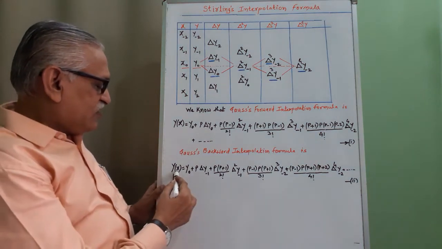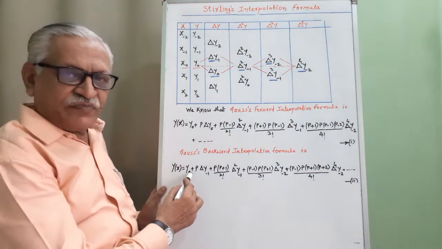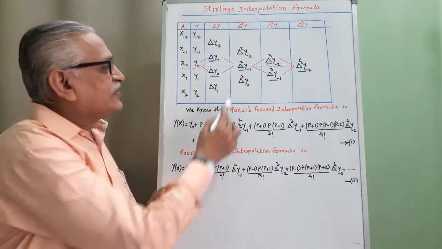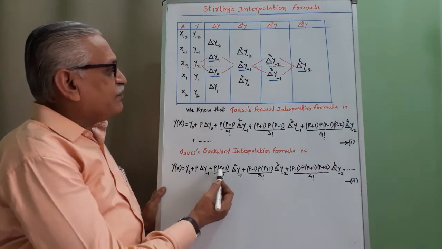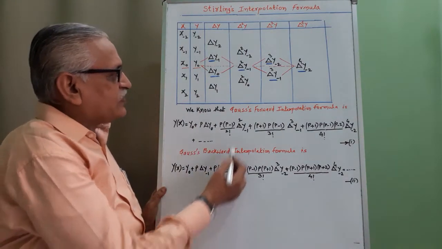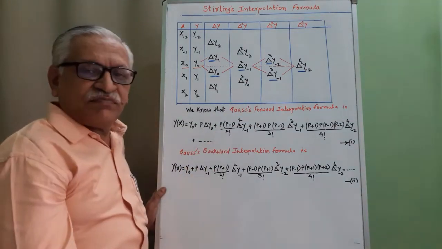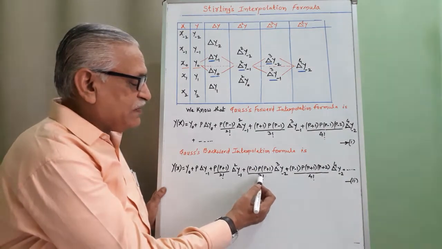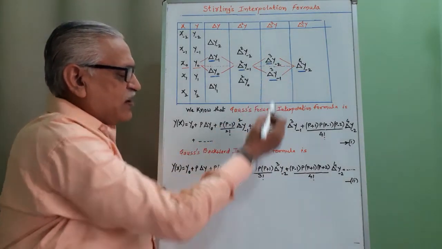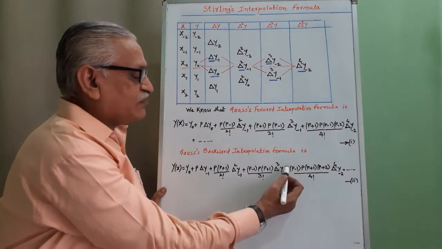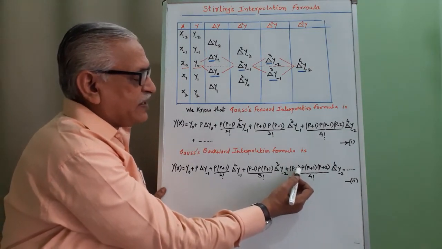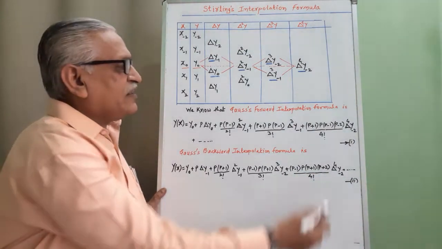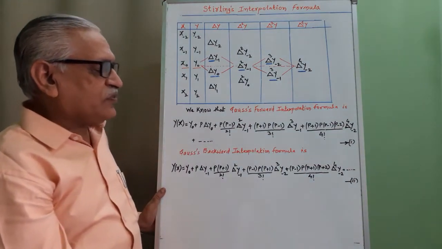That result is y of x is equal to y0 plus p into del y minus 1, next p plus 1 divided by 2 factorial into del square y minus 1, next p minus 1 into p plus 1 divided by 3 factorial del cube y minus 2, next plus p minus 1, p plus 1, p plus 2 divided by 4 factorial into del raised to 4 y minus 2, and so on.